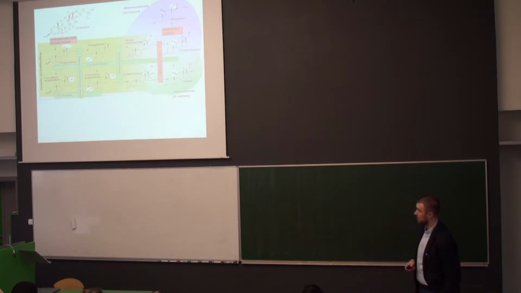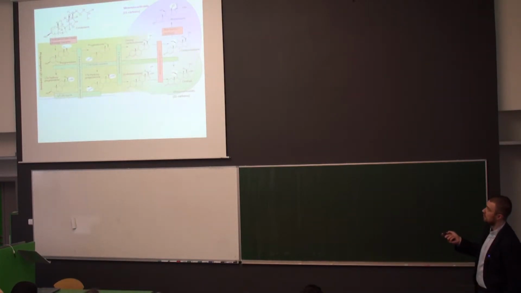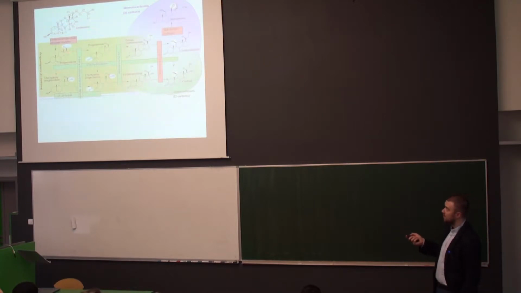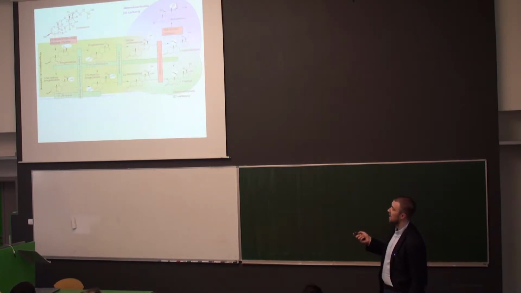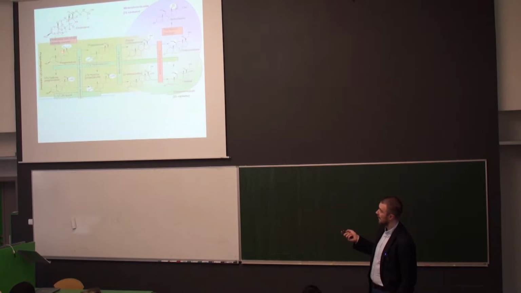And if we look at the reactions, here you have cholesterol. The red means that it's in mitochondria, and that's the side chain cleavage enzyme. So here we have pregnenolone with 21 carbon atoms. When it's green, it means the reactions are done in the smooth endoplasmic reticulum.